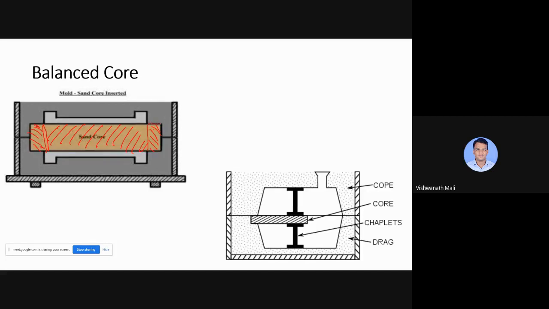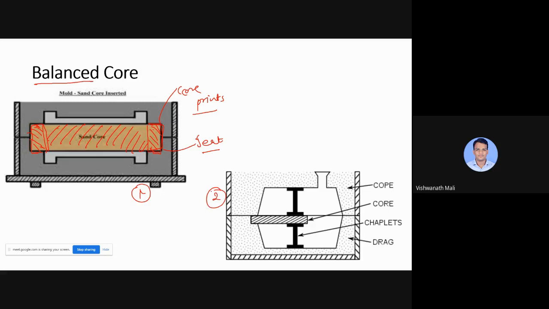And this extra portion is called as core prints. Right? Now we have balance with the help of this. This is also called seat. Whatever the extra projection given into the mold to support the core, this is called core prints or seat, right? So this seat is used to support or to balance the core. So that is called balanced core. This is the first example.